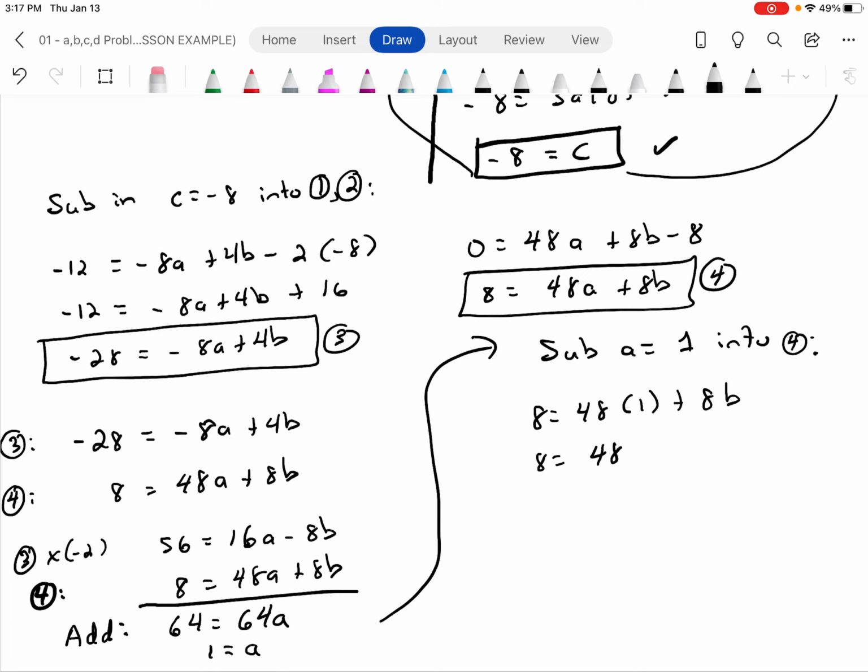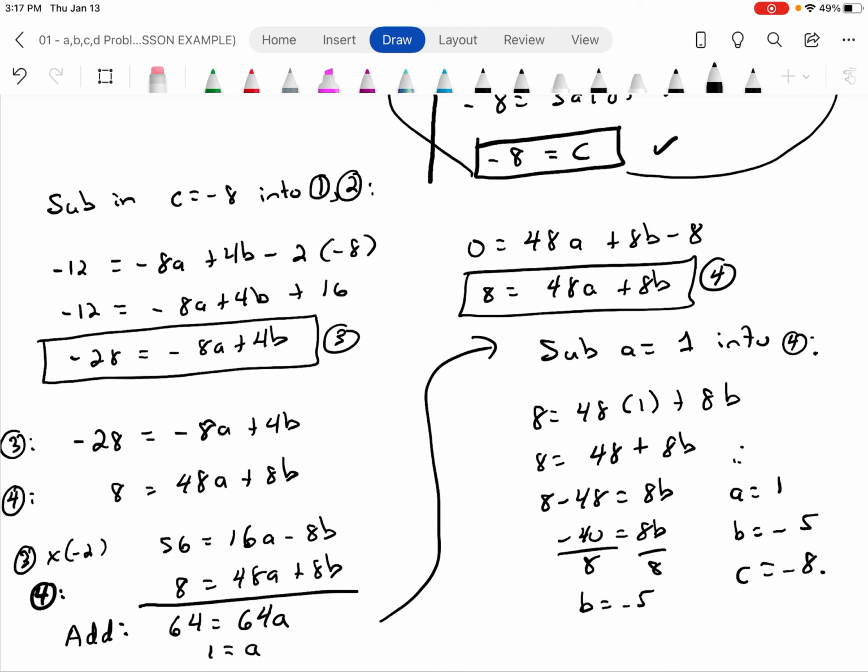And I'm almost home here. Oops. I don't know why I wrote an equal sign in the middle there. And then 8 minus 48 equals 8b. -40 equals 8b. Divide by 8. And I get b equals -5. Therefore, a equals 1, b equals -5, c equals -8.